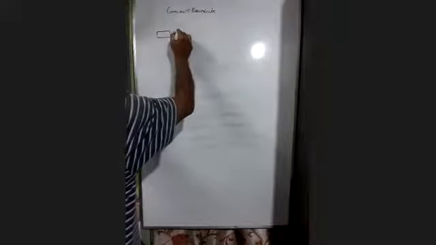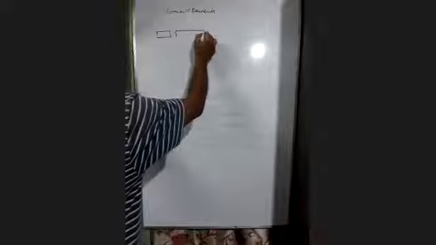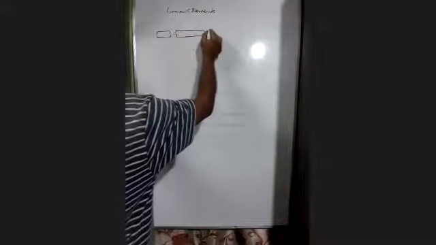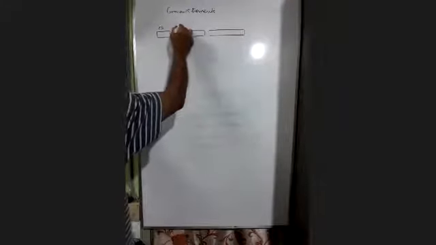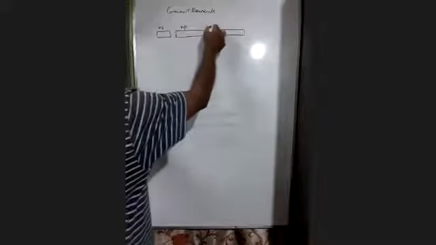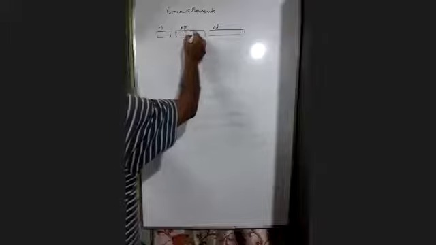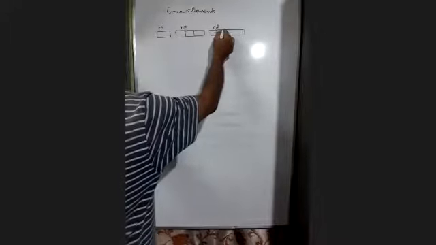So first I'll show you, then only I'll write. See, this is ns, np, and p has 3 orbitals, d has 5.